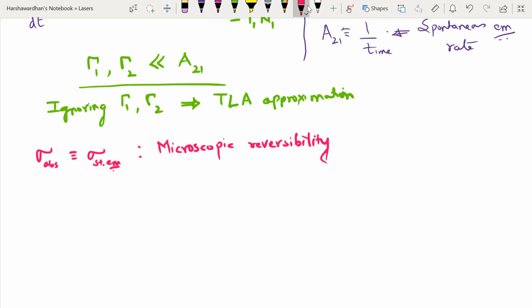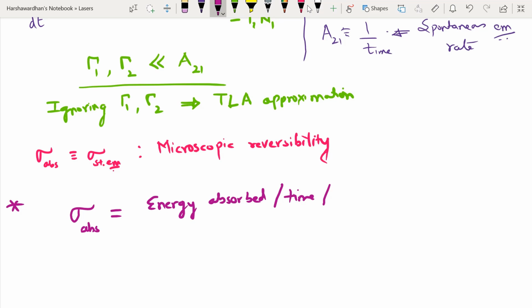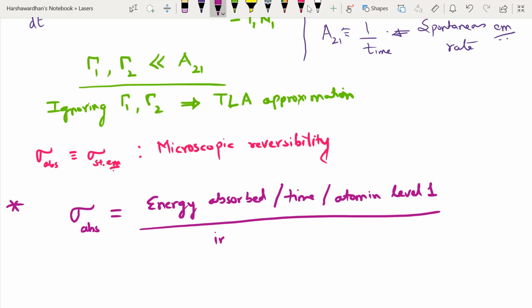So now let us spend some time on this business of cross section itself. In general, these are all family of something called scattering cross section. So the way one defines cross section sigma is essentially a ratio. For example, if I'm looking at absorption cross section, then it is simply energy absorbed per unit time per atom in level 1, my ground state, divided by the incident radiation flux.